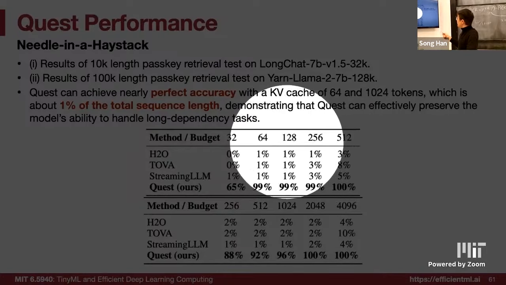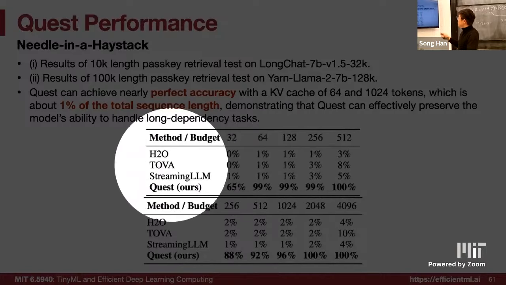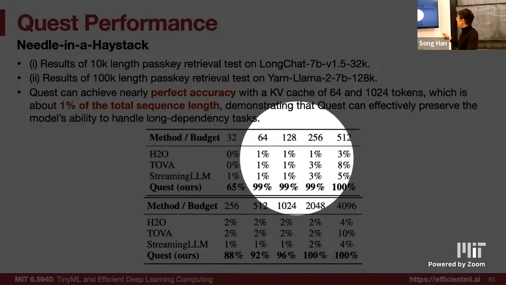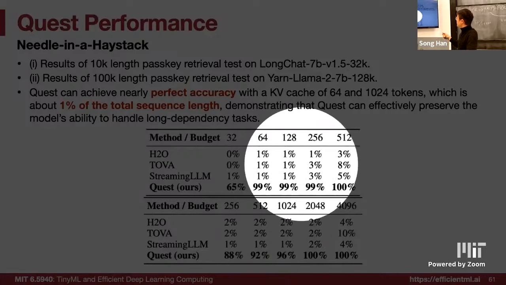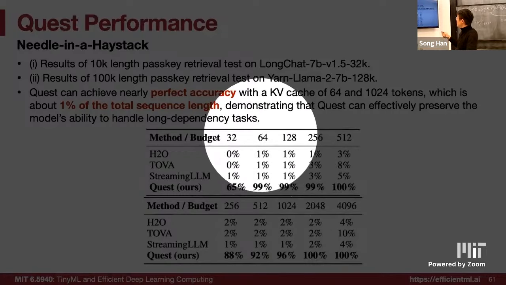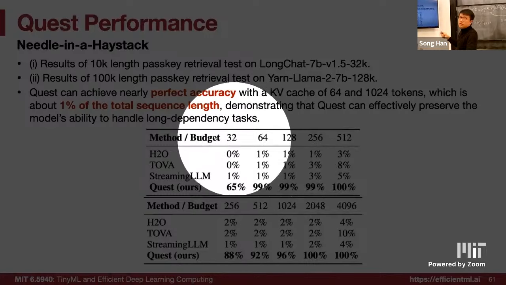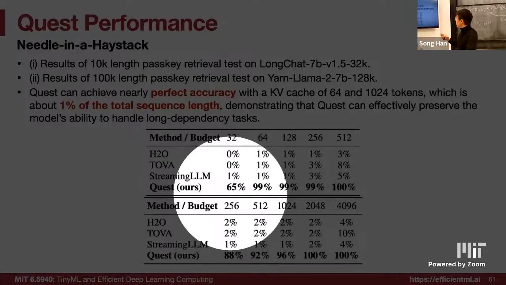It still remains quite good, while baseline models like H2O, TOVA, and StreamingLLM completely fail, with only 1% accuracy for passkey retrieval. This is 10K, this is 100K. When it comes to 32, that's too small, and it drops to 65.